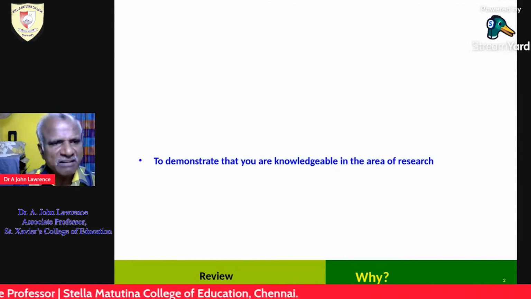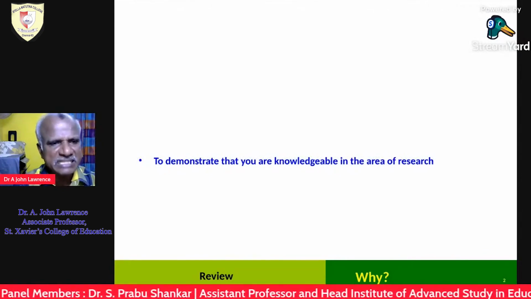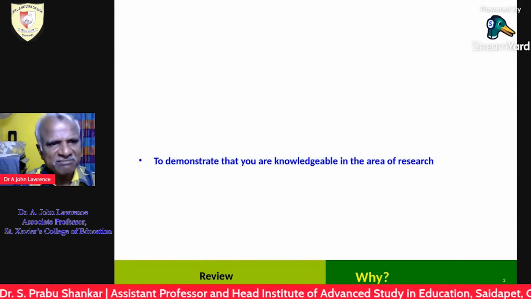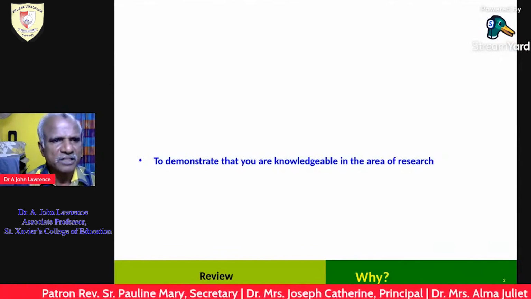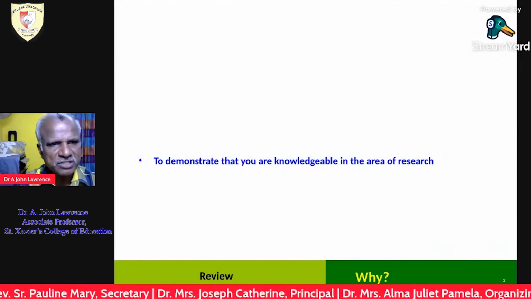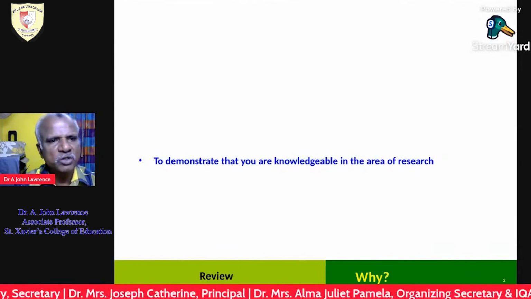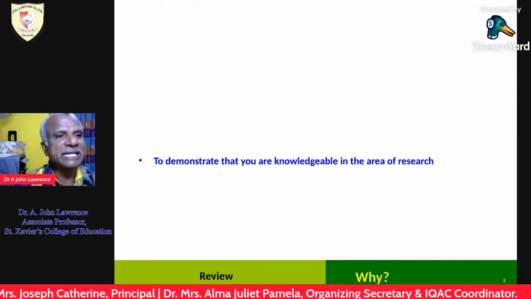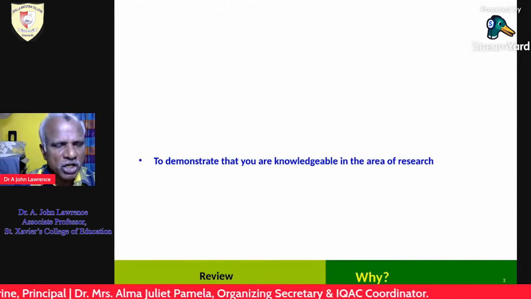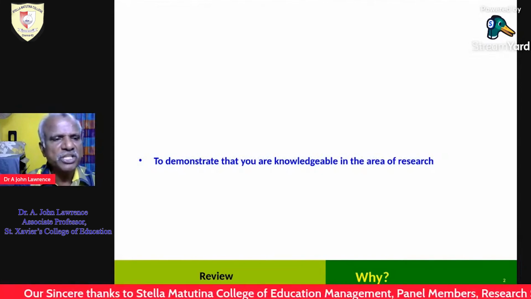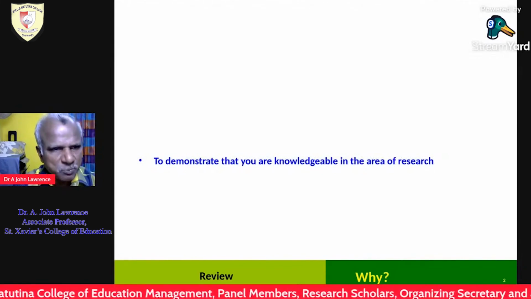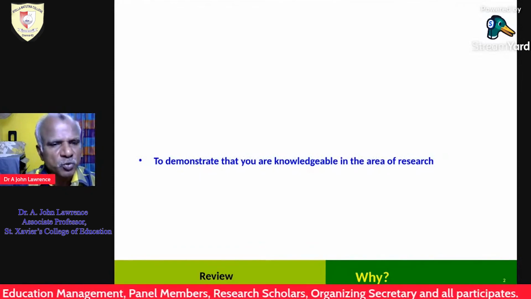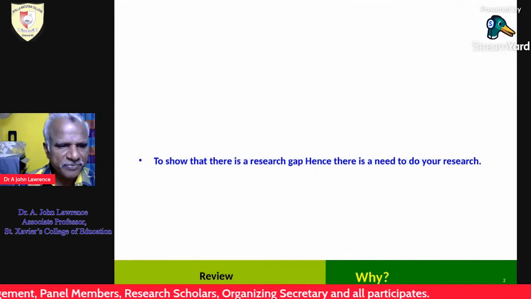To prove that you have done this research professionally, you should have completely done the review of research. To get knowledge on the subject that you are going to research, you have to read a lot related to your intended topic. That is possible only by going through what was done in the past.